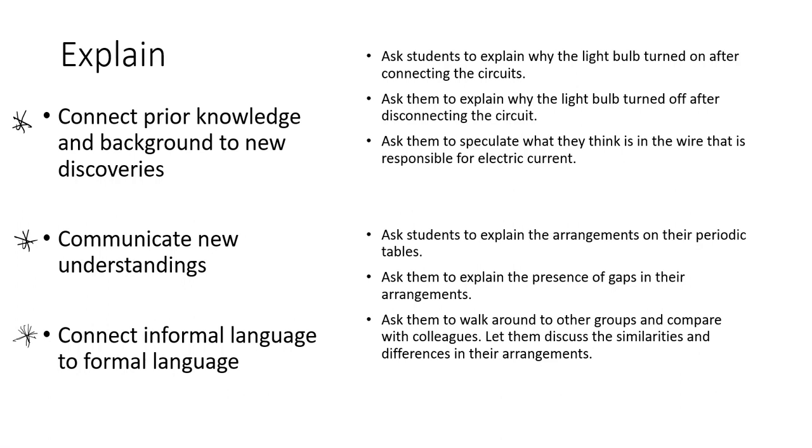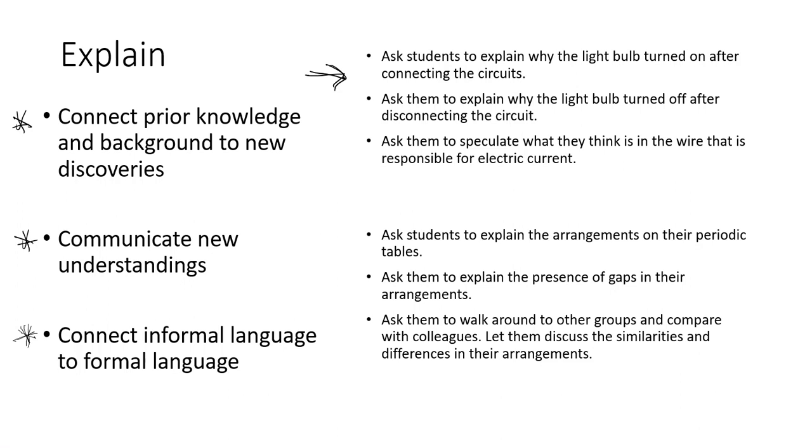Now, if we talk about the electric circuit, you can ask students to explain why the light bulb turned on after connecting the circuit. Ask them to explain why the light bulb turned off after disconnecting. They need to be able to speculate what they think is in the wire that is responsible for the electric circuit.